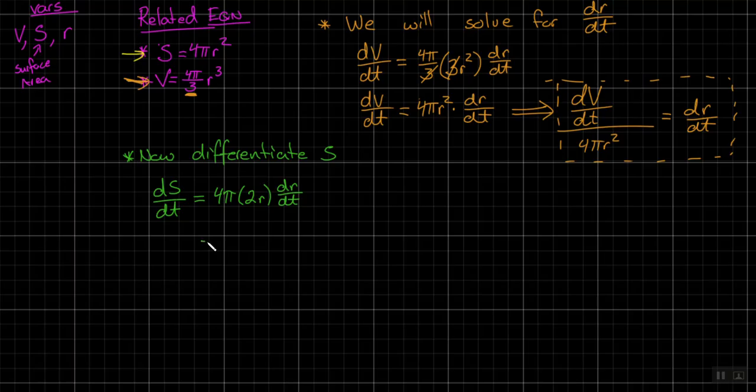So I will keep this color-coded. This is 4 pi times 2r times, and I'll switch to this lovely orange, dV/dt, and I'm going to use brackets only because I think they look nicer, over 4 pi r squared. Okay. At this point, do I have my full derivative?